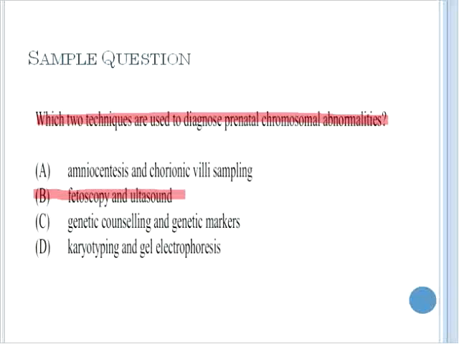Genetic counseling and genetic markers will be done post-birth. Genetic counseling is certainly after birth with the parent. Karyotyping and gel electrophoresis give an idea of what's there, but the correct answer is A, amniocentesis and chorionic villus sampling.